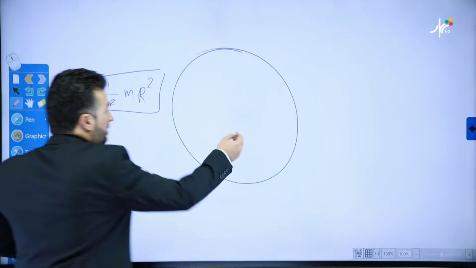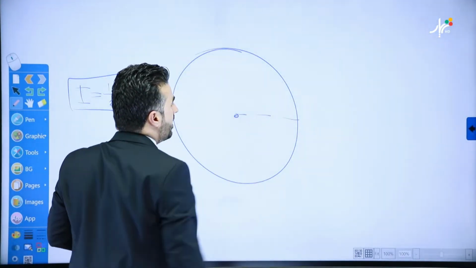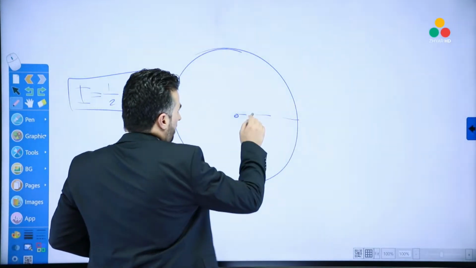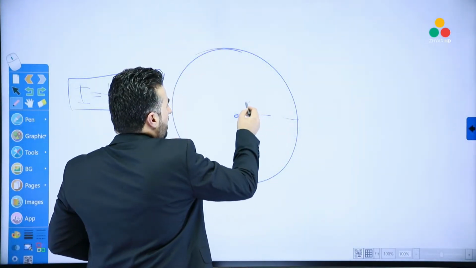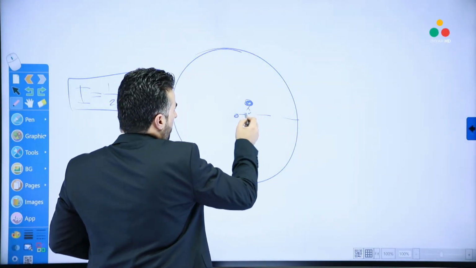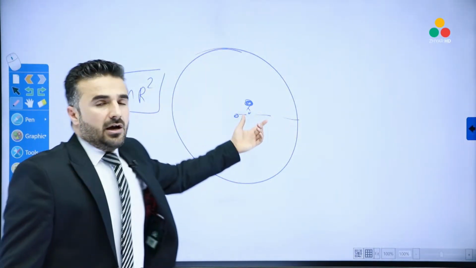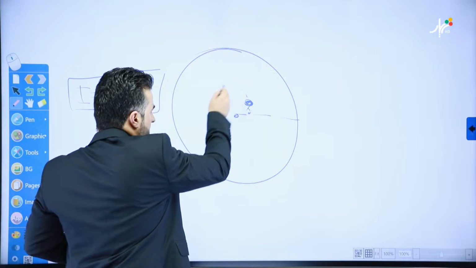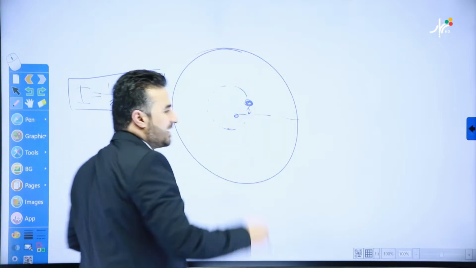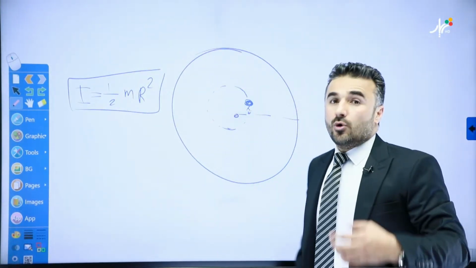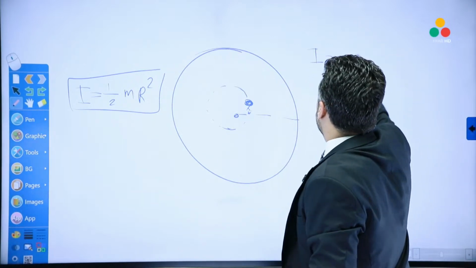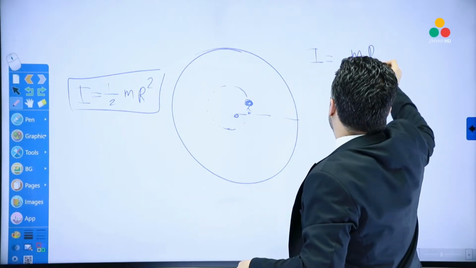So it has a certain radius, okay? The radius of the merry-go-round doesn't change. So what if we have a child who, at the beginning, is sitting very close to the center of the merry-go-round? And remember, because it is a child, we consider the child to behave as a point mass, so the moment of inertia of the child is going to be m times radius squared.